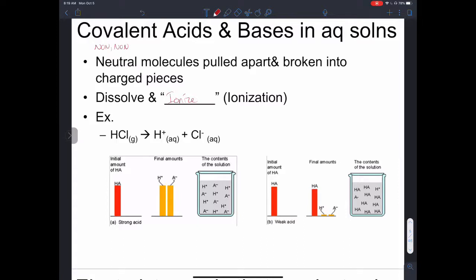Here's an example. Now, remember, an acid has a hydrogen connected to some negatively charged anion, something that's going to pop off and become an anion. It's not an anion when it is together, but it will become an anion. So this is sort of a generic way that we represent acids. We put an H and the letter A. The H represents the hydrogen that's always leading. It's written first.